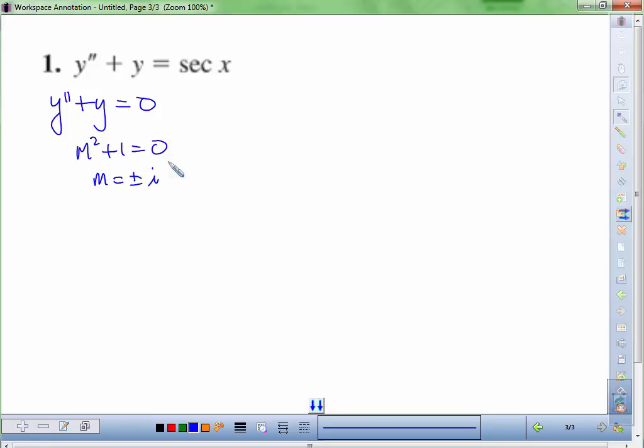So the real part is 0, the imaginary part is 1. And so your solution then, y1 is going to be cosine x, y2 is equal to sine x. Okay? Did I do that right? Yep.